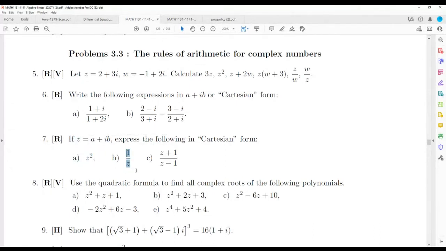So z squared and 1 on z. Now, the second part definitely lines up with what I just mentioned. Okay, so let's have a look at 7 and see what we can learn from that. Okay, so let me share my screen with you again.